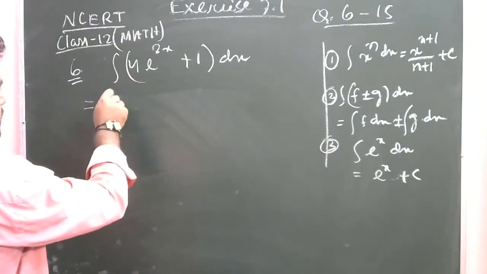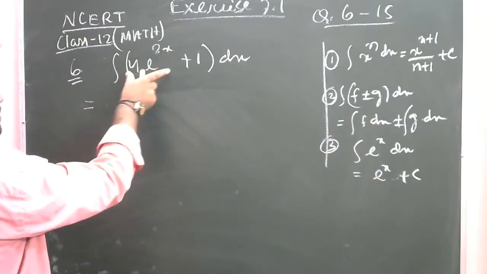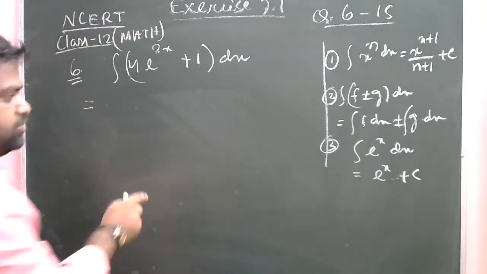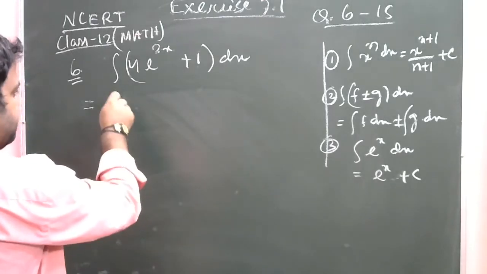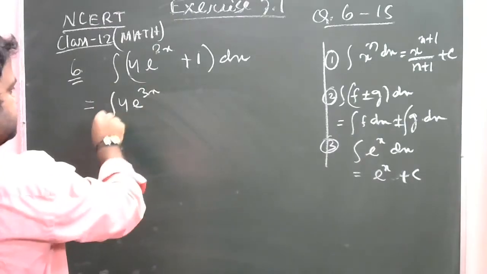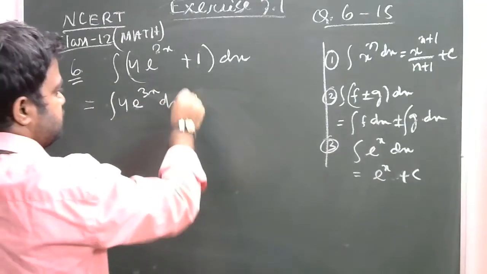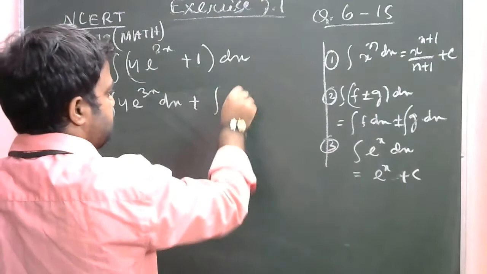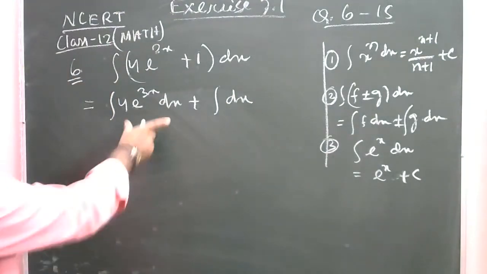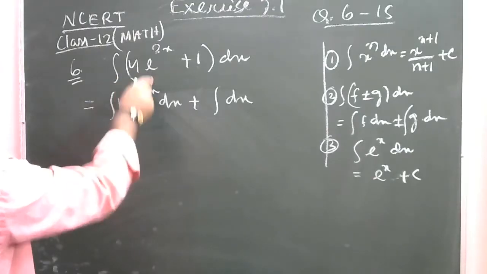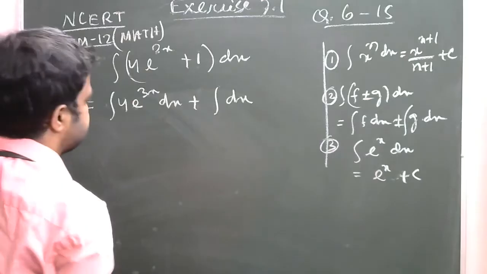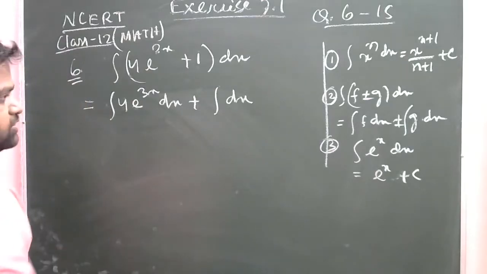So here I can write 4e to the power 3x is one term, and 1 dx will be another term. So I can write them separately and find the integration separately. So integration of 4e to the power 3x dx plus integration of 1 dx, or dx. I have written this integration separately. Now 4 is a constant.